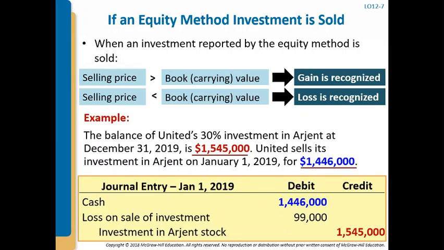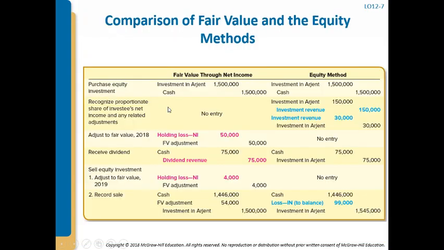United's investment in Argent at December 31, 2019 is $1,545,000. They sell the investment on January 1, 2019 for $1,446,000. So the difference between $1,545,000 and the cash received is going to be a loss of $99,000. So here's a comparison of the two methods. So make sure you take a look at that.